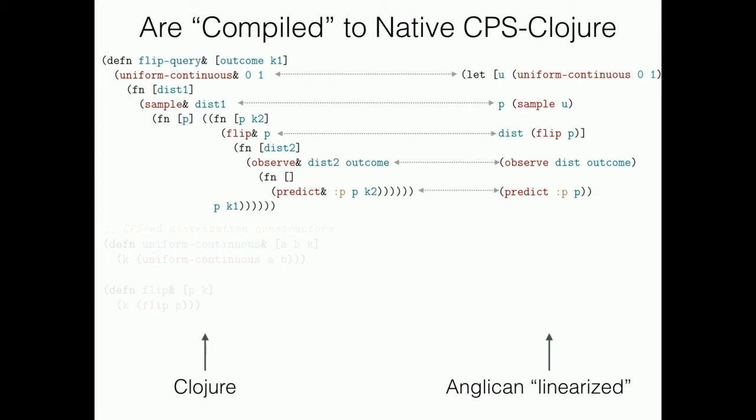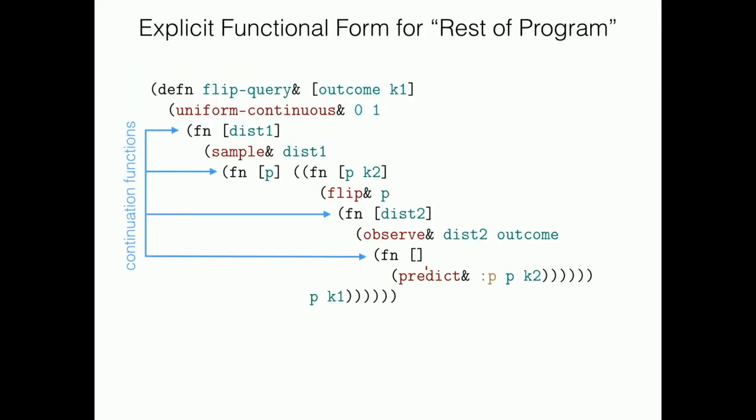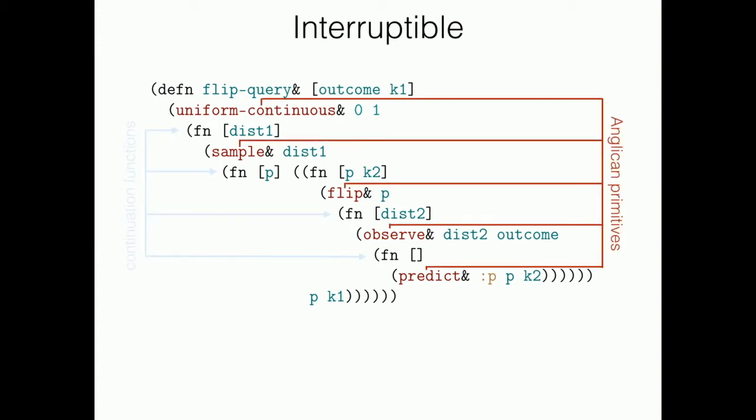What they do is we take programs written like this and we CPS transform them. And what you'll note is that there are a bunch of continuation functions, which means that we have access to the rest of the computation. Okay? And all of our primitives enter as simply functions that we can write and can be compiled in advance.